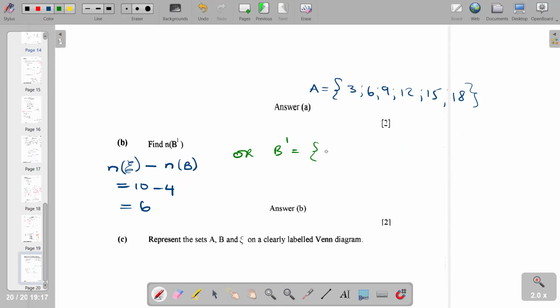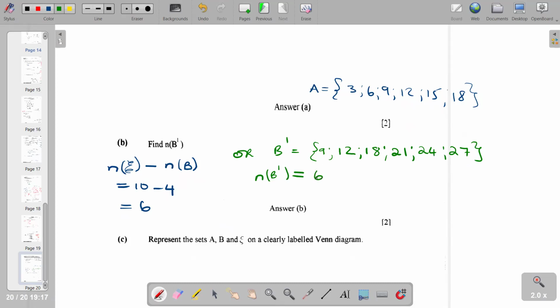So we are going to have 9, 12, 18, 21, 24, 27. Then from those, you just have to count them. So the number of B complement will be equal to 1, 2, 3, 4, 5, 6.